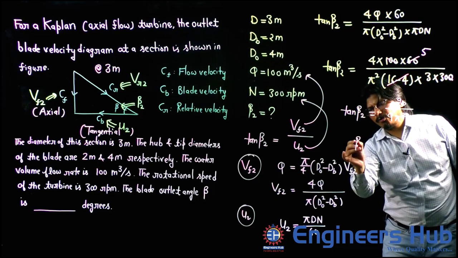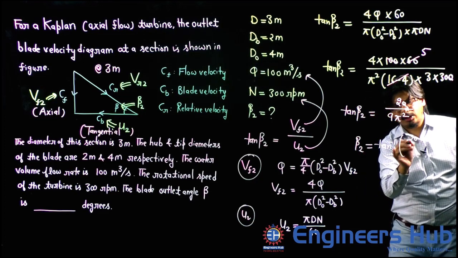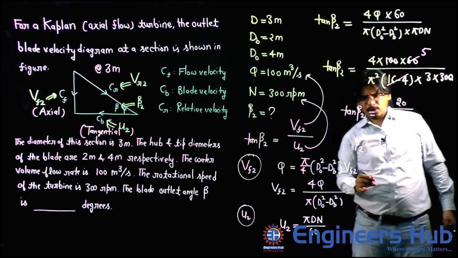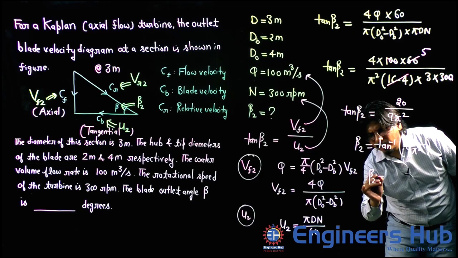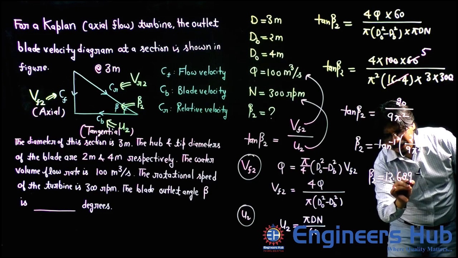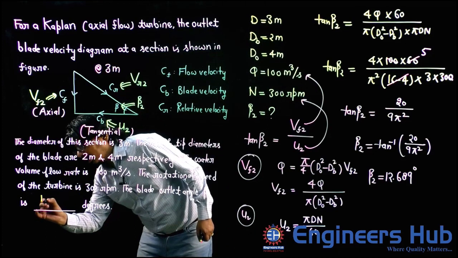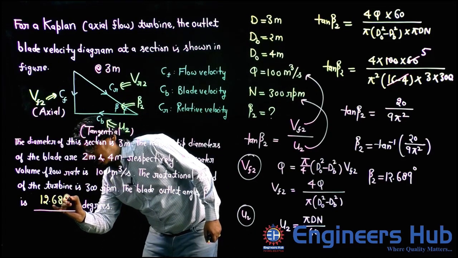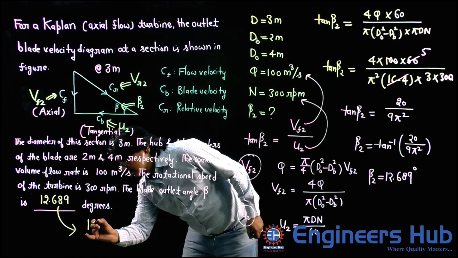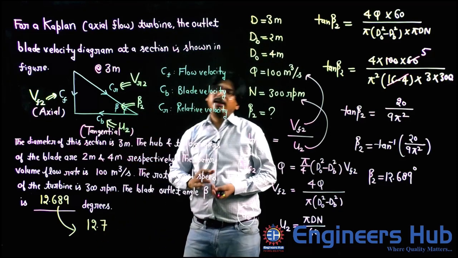So if you want to find beta 2, it is tan inverse of 20 divided by 9 pi square, and if you solve it, beta 2 comes equal to 12.689 degrees. If they are asking for a single decimal place, then the answer will be 12.7 degrees.